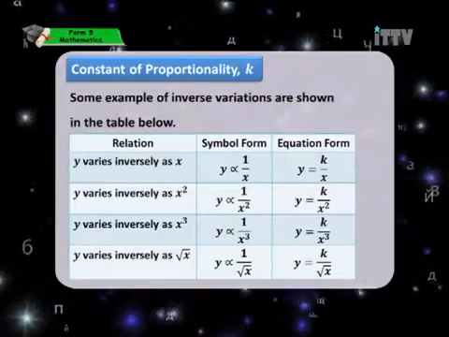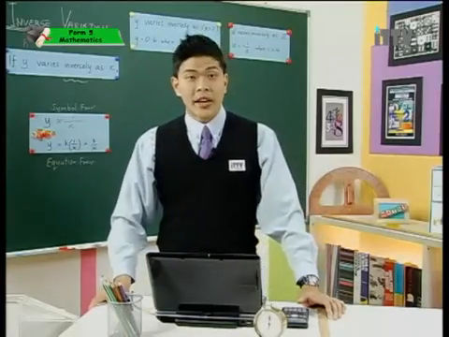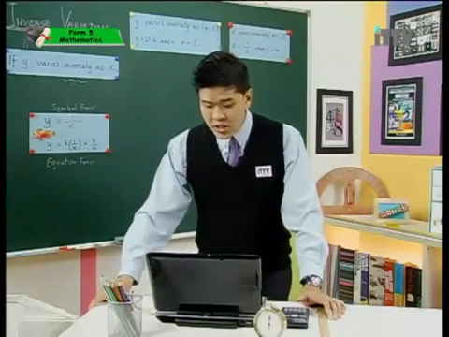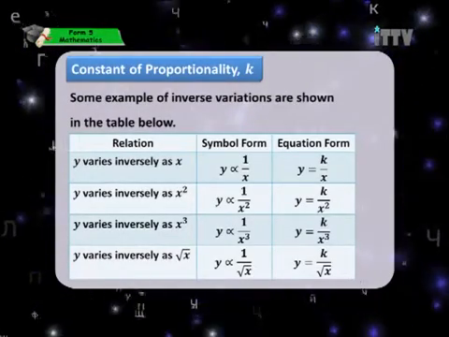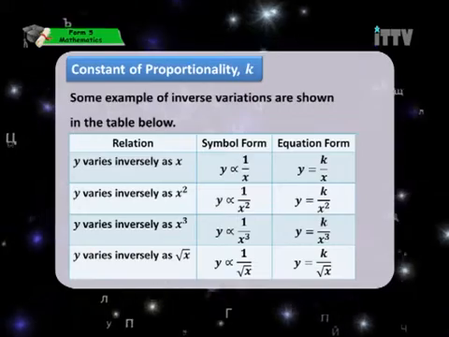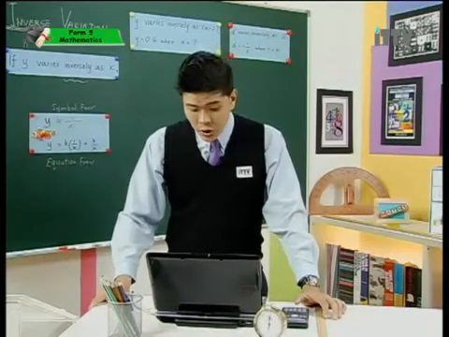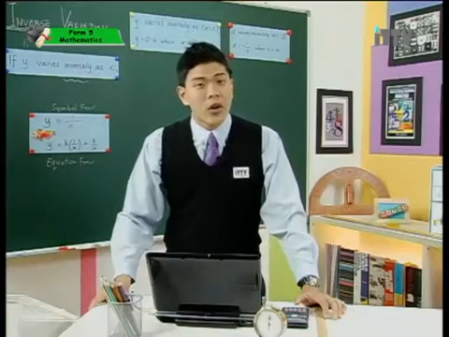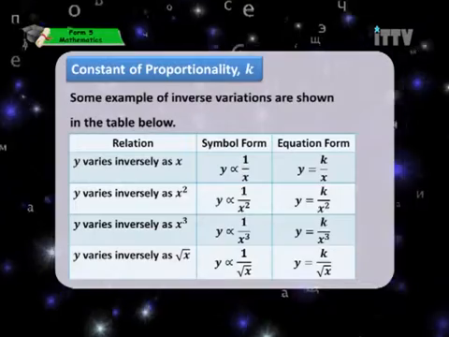Y varies inversely as x squared. Y varies 1 over x squared in symbol form. Equation form, y equals k over x squared. Y varies inversely as x cubed. Symbol form, y varies 1 over x cubed. Equation form, y equals k over x cubed. Y varies inversely as square root x.